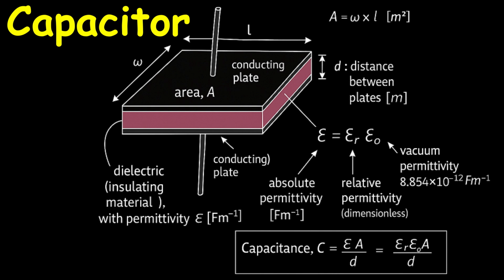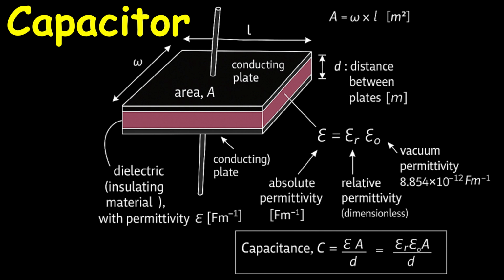But a material like glass might have a relative permittivity of 7. This means a capacitor with a glass dielectric can store 7 times more charge than the exact same capacitor with just air or a vacuum between its plates. High-tech ceramics can have relative permittivities in the thousands. Because it's just a comparative ratio, a score, it has no units.